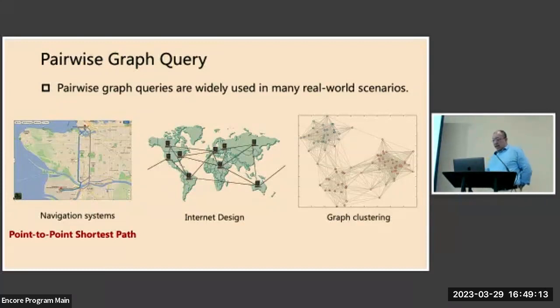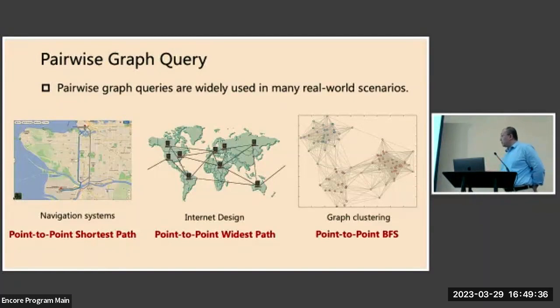For internet design, we want to find the widest path to enable high bandwidth. And for graph clustering, we need to perform point-to-point BFS.